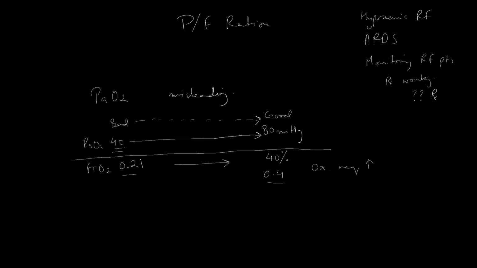This means his oxygen requirement has gone up, which is a bad thing. So that's why if we do a PF ratio, now this patient has a PF ratio of around 200, which is just at the limits of moderate ARDS.